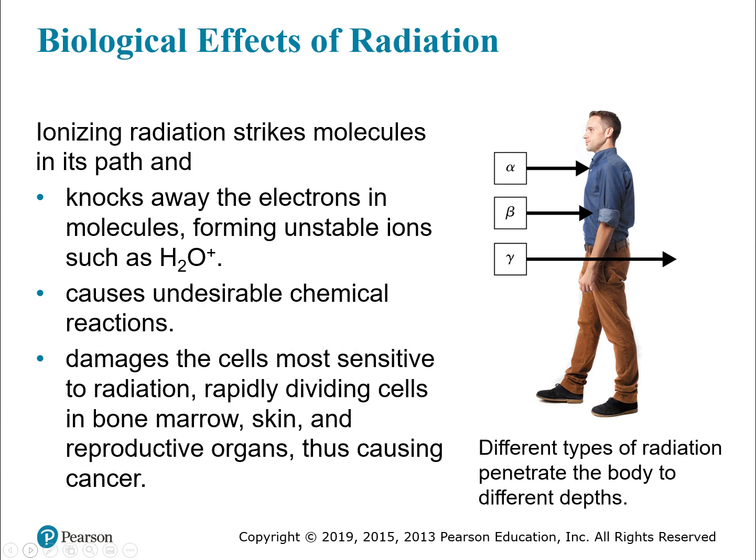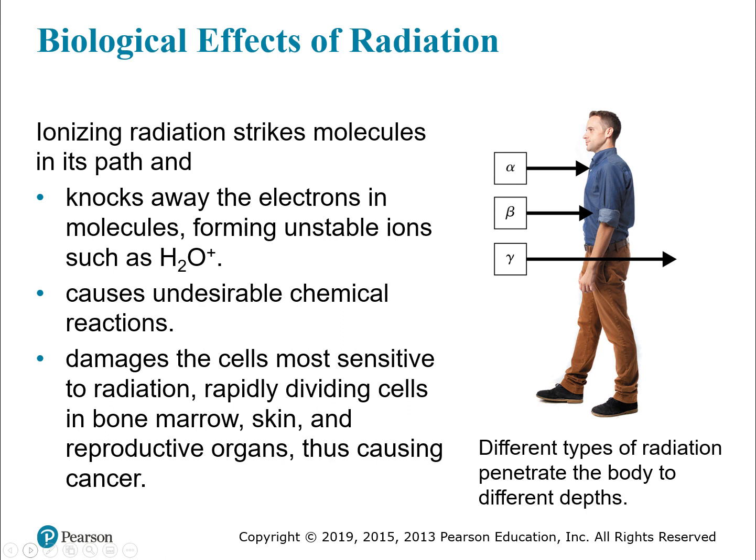Because of this, radiation can damage really pretty much any part of your body, right? But the cells that are most sensitive to radiation are the ones that rapidly divide. So we're talking bone marrow, skin, reproductive organs, your hair. All of these things are really affected by radiation. And if you affect certain things like the bone marrow and skin, you can cause cancer.